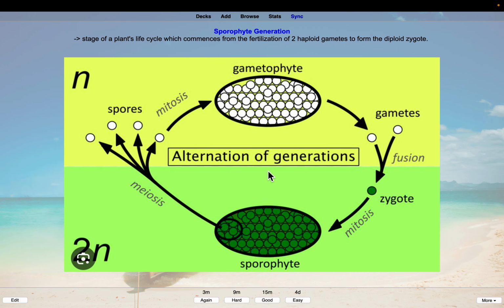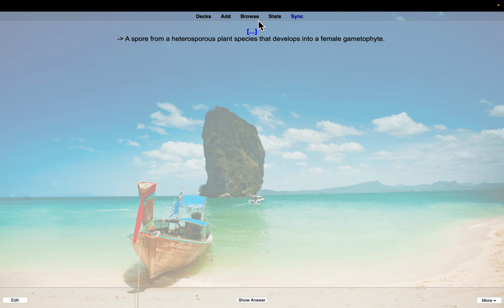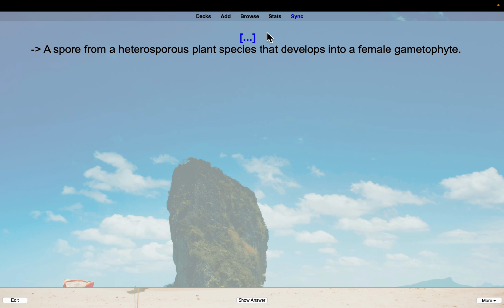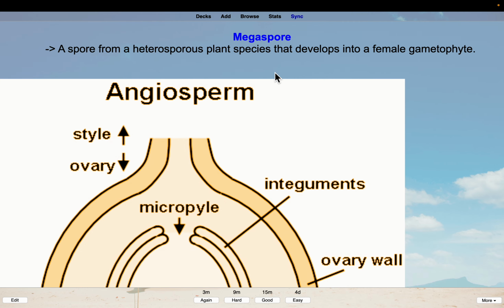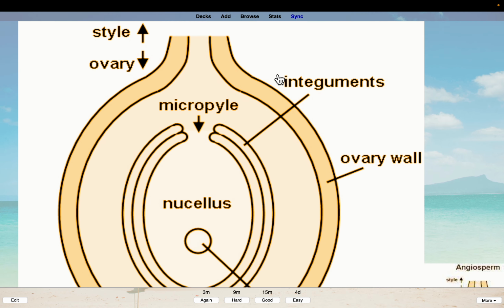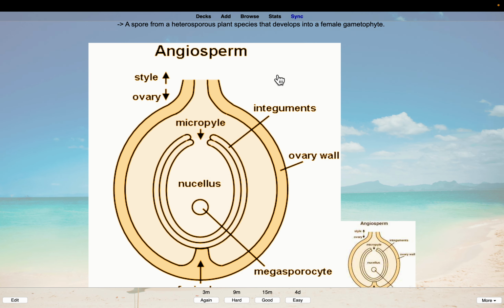This was mentioned in one previous video. Blank is a spore from a heterosporous plant species that develops into a female gametophyte. Megaspore. Where is the megaspore?